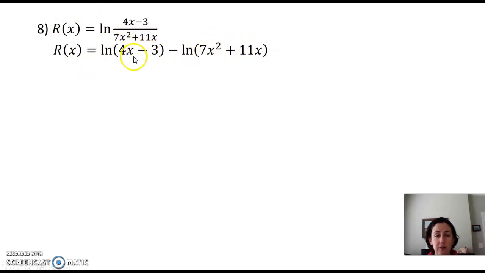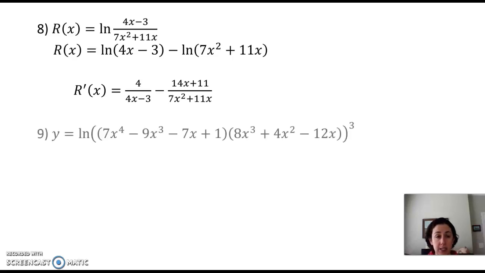And when I do the derivative of this, it'll just be the derivative of the inside function over the inside function, minus, when I take the derivative of this, it'll be the derivative of the inside function over the inside function. And that was a whole lot easier than trying to do your quotient rule inside your I prime over I. Let's look at another example.